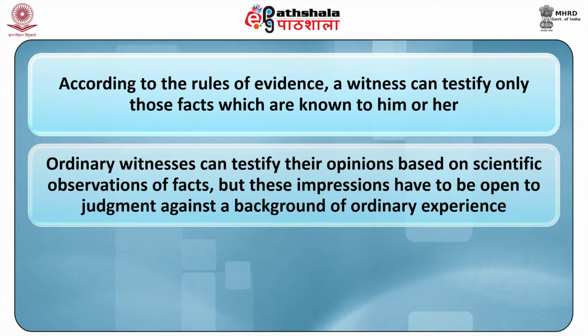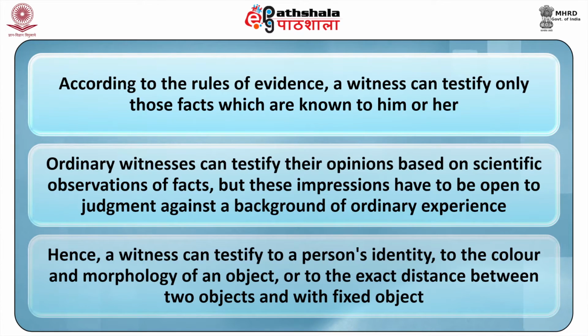An ordinary witness can testify to their opinion based on scientific observations or facts, but these impressions have to be open to judgment against a background of ordinary experience. Hence, a witness can testify to a person's identity, to the color and the morphology of an object, or to the exact distance between two objects and a fixed object.